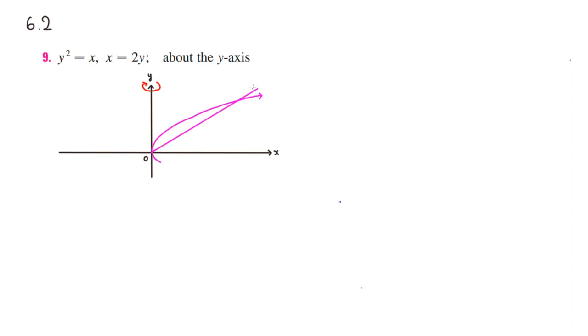So this is 2y equals x, and this is a parabola, x equals y squared. So we are talking about this region right here. So this is the region.